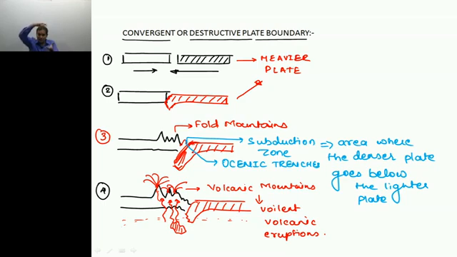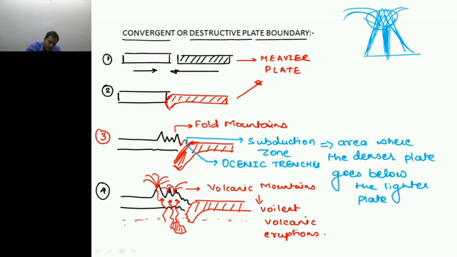So there is a heavier rock surface here, and to blow it away there is a continuous collection of molten rock material. After this continuous collection, the pressure builds up enough and the top of the mountain is blown away, resulting in violent volcanic eruptions.